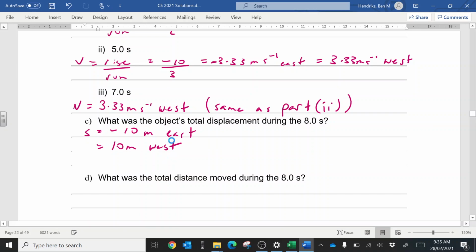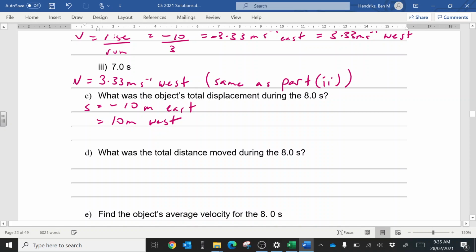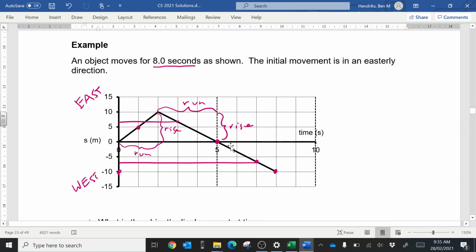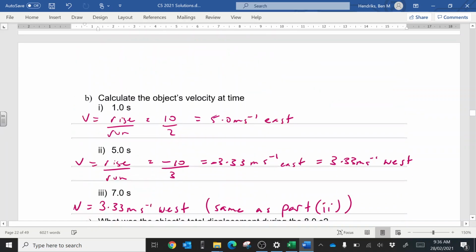What was the total distance moved during the 8 seconds? Well, distance is slightly harder to work out. From 0 to 2 seconds, we went 10 meters, and then we went back 10 meters here. So we've now gone 20 meters, and then we go a further 10 meters.